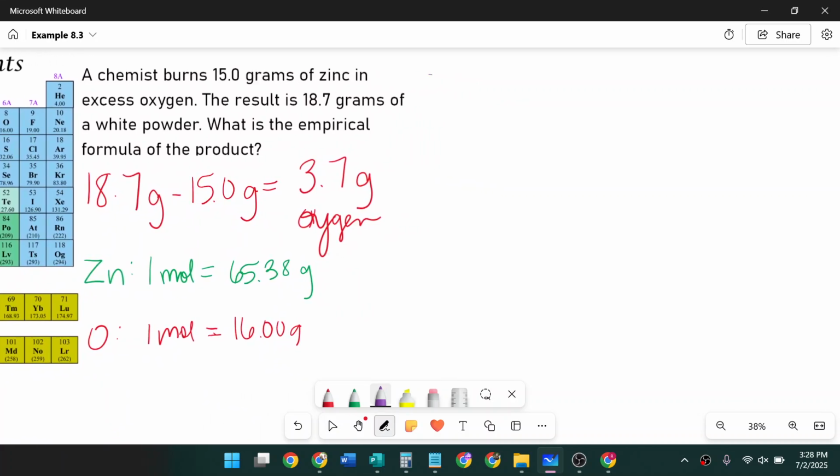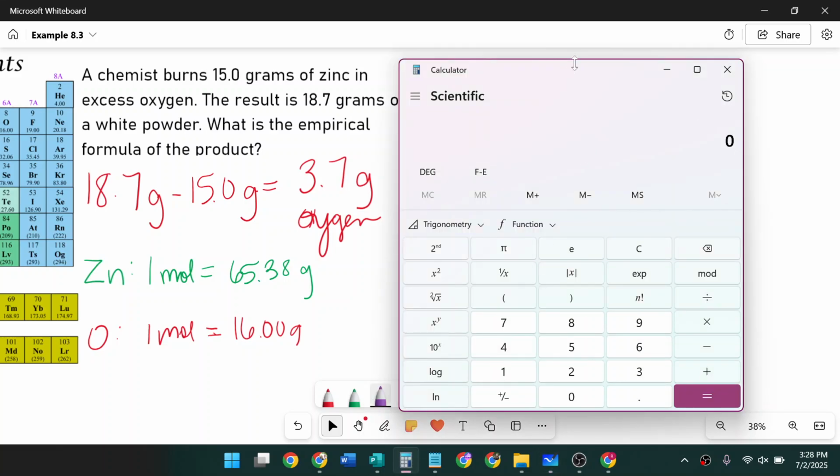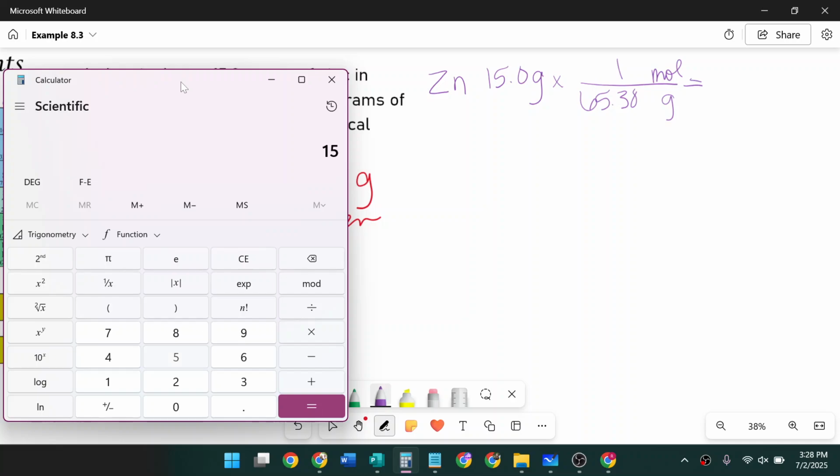All right, so for the zinc, we used 15.0 grams, and we know that for every mole, it's 65.38 grams. So when we divide that, and we need to keep 3 significant digits, we get 0.229 moles of zinc.